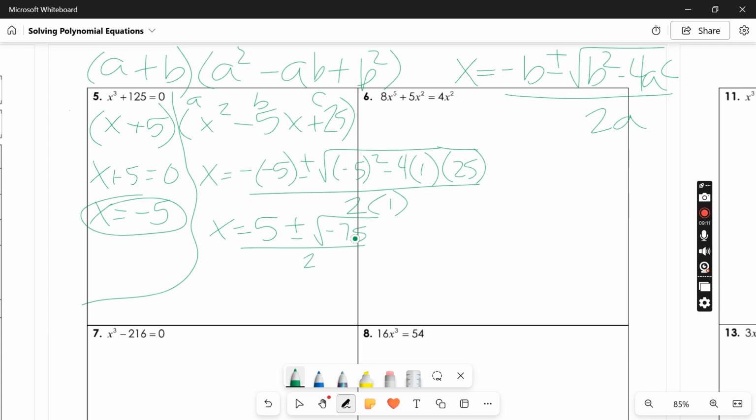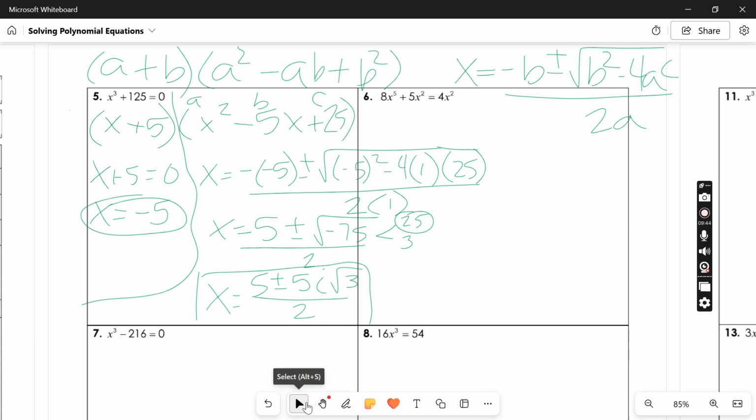You can look at your list of perfect squares that we've made, but it should be 25 and 3. 25 is our perfect square, so x is equal to 5 plus and minus the square root of that 25, which is 5i, square root of 3, all over 2. The 5 and the 2 don't have anything in common, so I can stop right there.